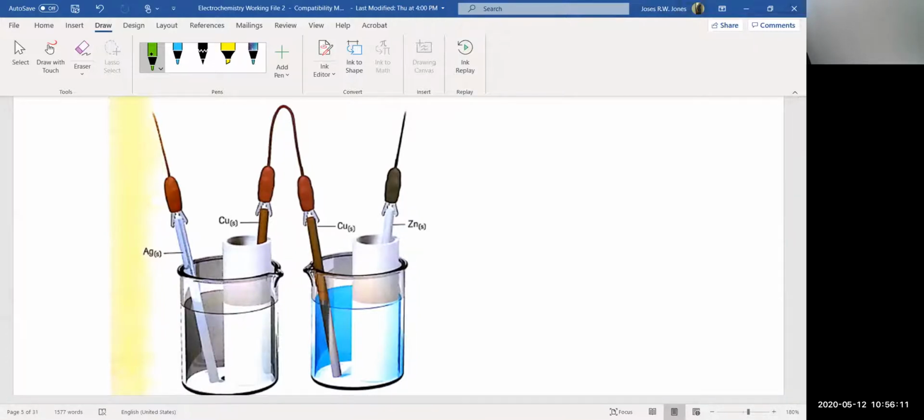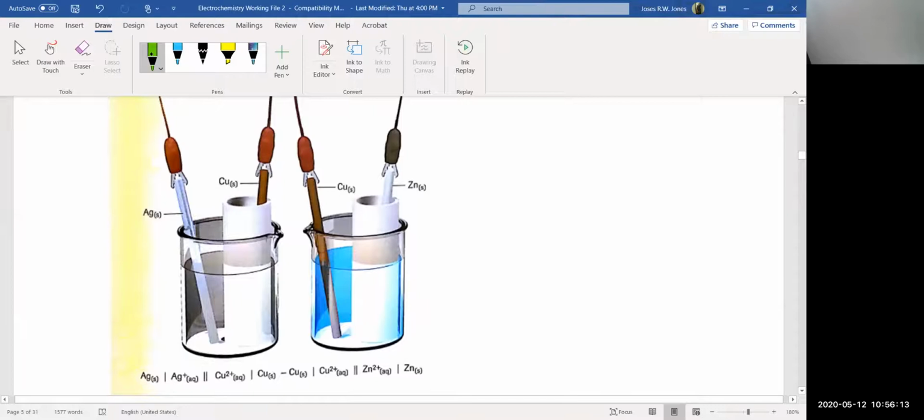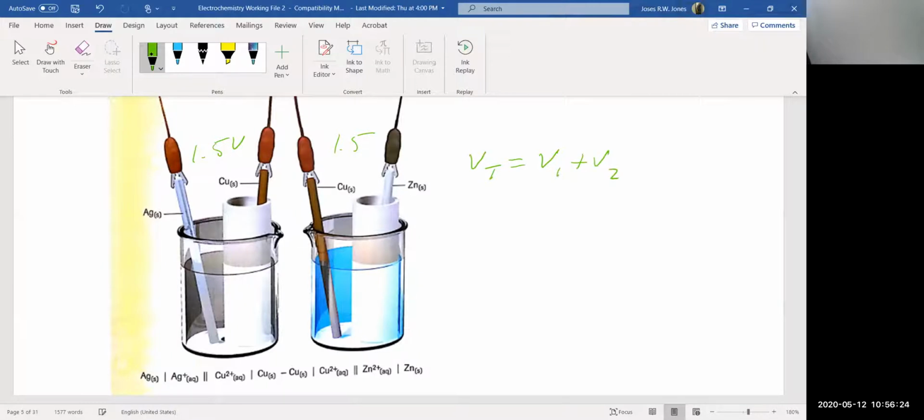If you have two galvanic cells in series and one has a voltage of 1.5 volts and the other has a voltage of 1.5 volts, VT is equal to V1 plus V2. That's grade 9 material, which equals 3.0 volts. So you can add the voltage of multiple cells in series and you end up getting a higher voltage.